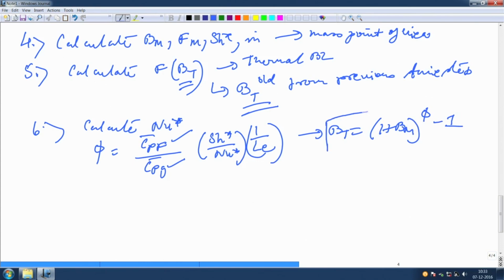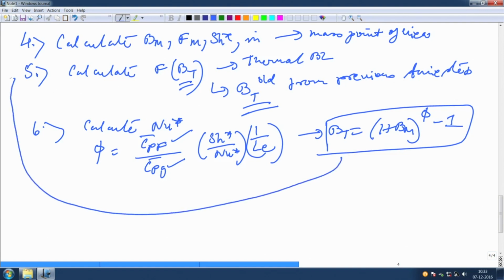Now, you return to step 5 if BT minus BT old is less than a certain value. This is basically the accuracy that you desire. If you want a 10% accuracy or whatever it is, you set it accordingly.